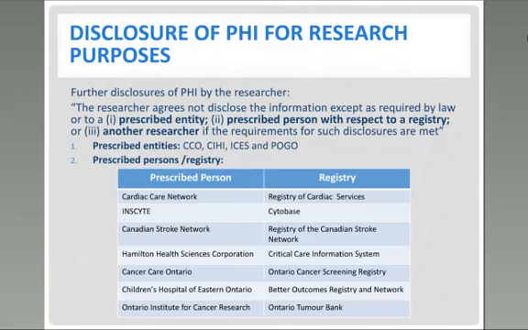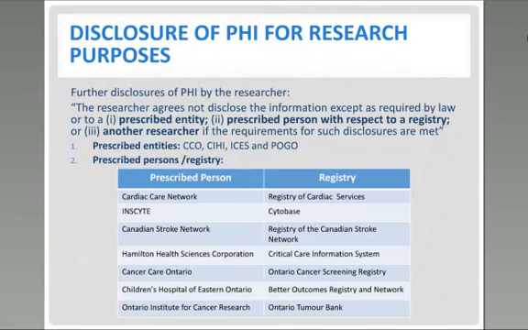So, for example, the Cardiac Care Network has the Registry of Cardiac Services. They're all set out here with respect to the persons and the registry for which they are responsible. The latest one, for example, OICR, the OTB, the Ontario Tumour Bank, just received its registry status in February of last year.